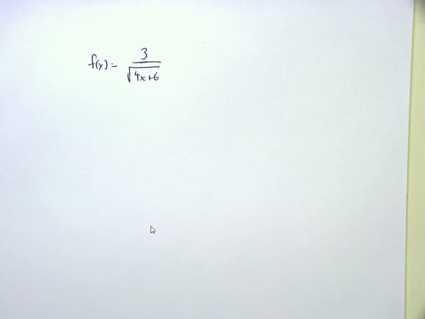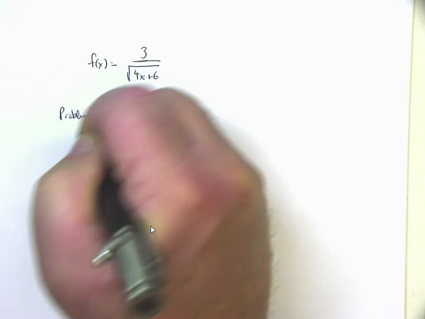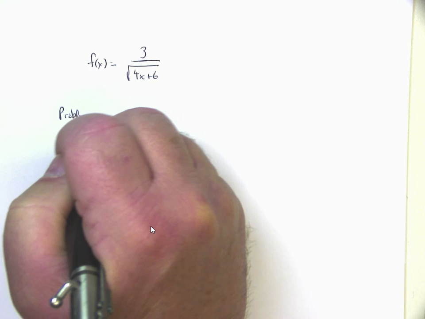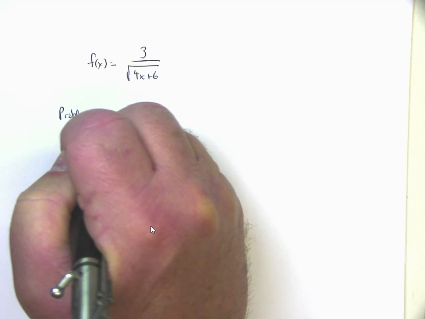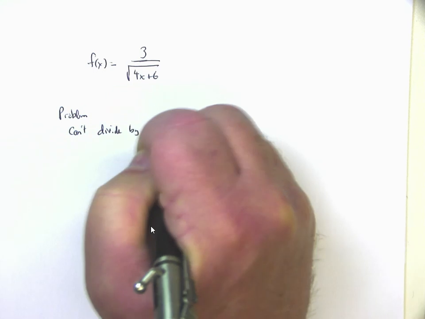What's the domain? You got two problems here, and you got to do mathematics in your head. My problem is, one, you can't divide by 0.